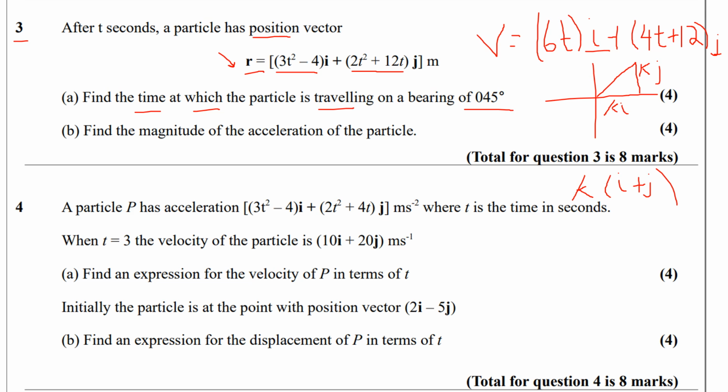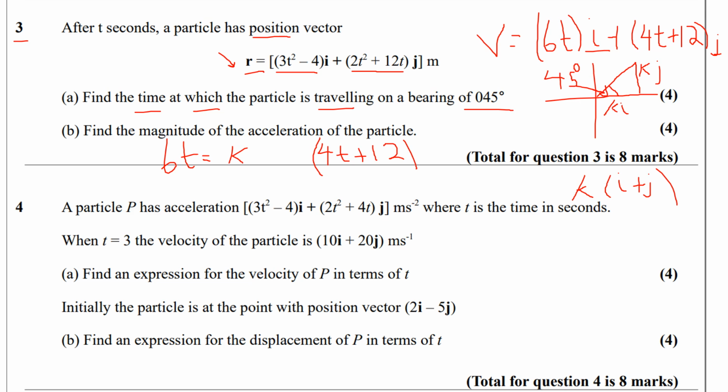So we're going to have 6t equals k, and also, guys, 4t plus 12 is equal to some constant k. You can remember, because it's k lots of i plus j. So we are looking at the positive quadrant, so that will be a 45 degrees bearing there. And fill in what you know.